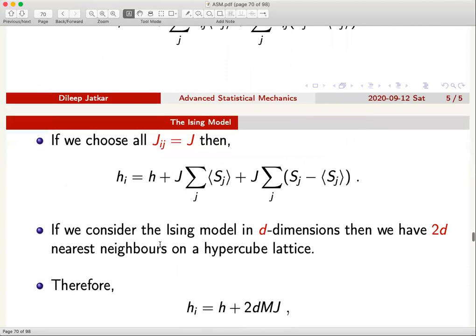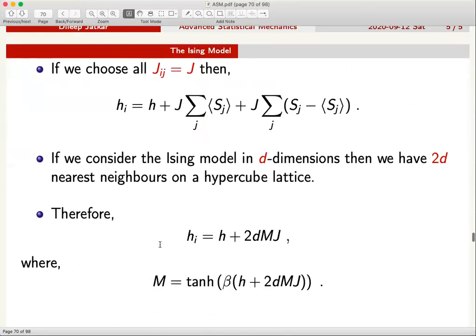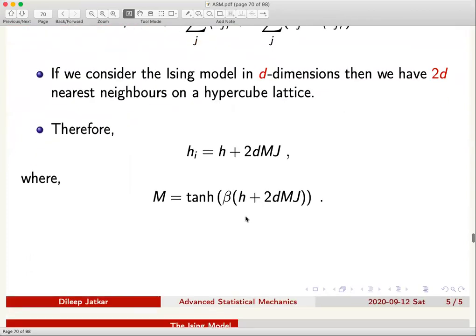We then found that the magnetization is still the same tanh function. Only difference is that it's a tanh function not only of just H, but H plus the interaction term J, which was a binary interaction between nearest neighbor spins.